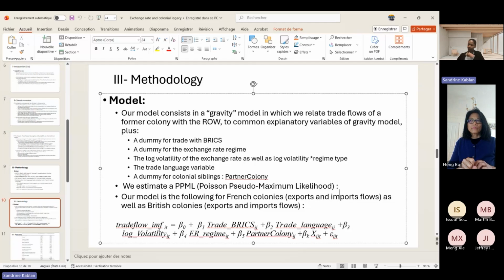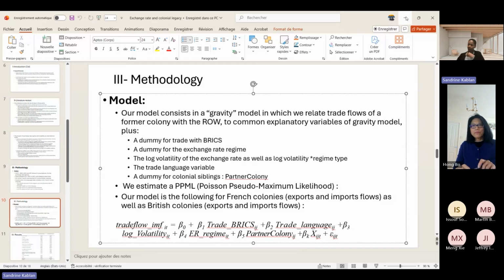And that's why we say that a second analysis that could be interesting to do will be, instead of considering the trade of the former colony vis-a-vis the rest of the world, to see bilateral trade between the former colony and each BRICS country, because this will help us have another view on.